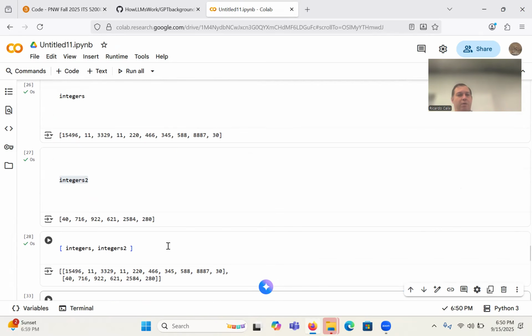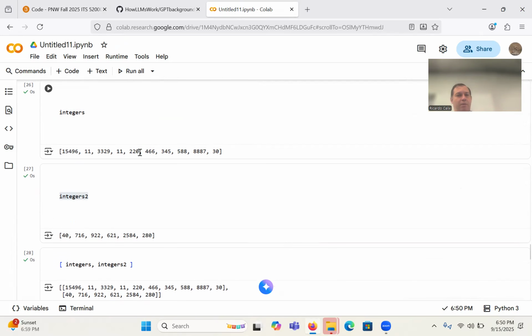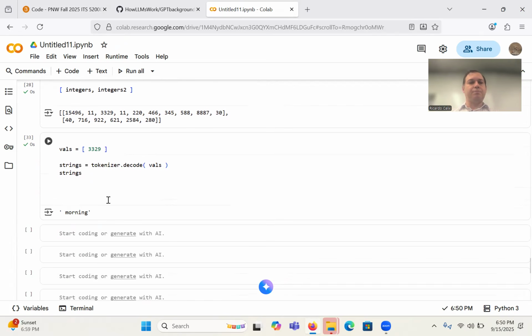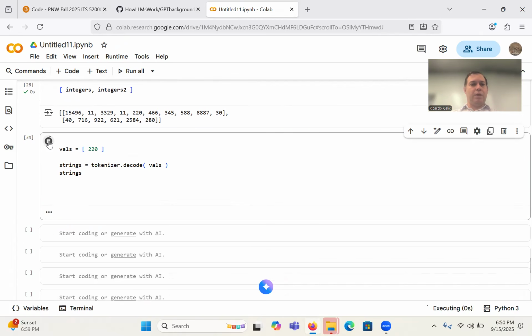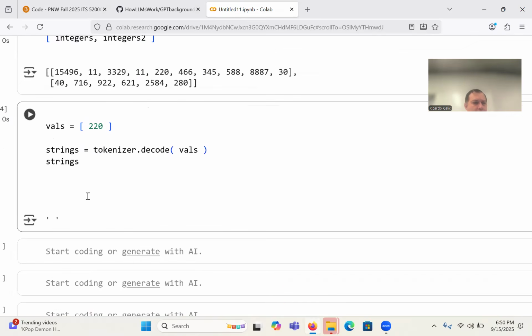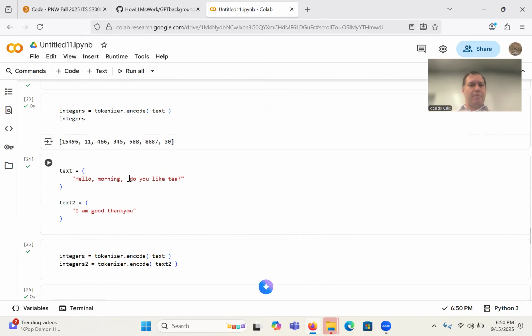I mean, that's how it works. But I'm trying to find one that might be broken up. 220. I don't know what this is. Space. That might be this space here.